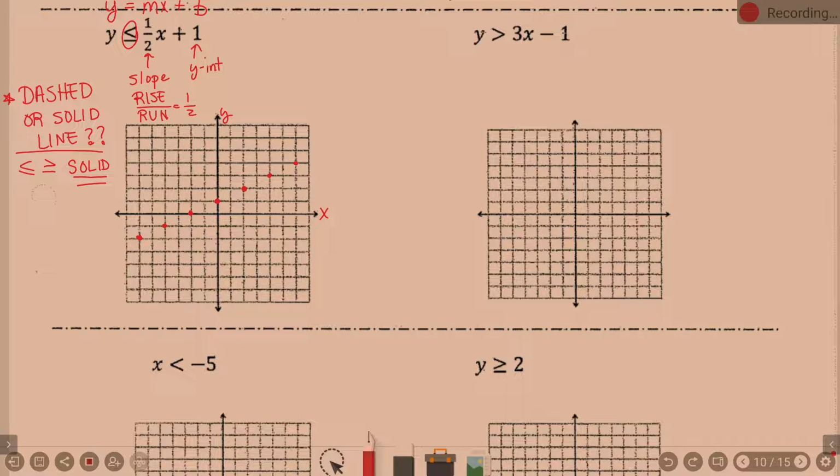Which is why I said you didn't have to erase yet. It's solid because it has the equal to part. You take off the equal to, that's when we're going to do the dashed line. Make sense there? So this is going to be connected as a solid line.